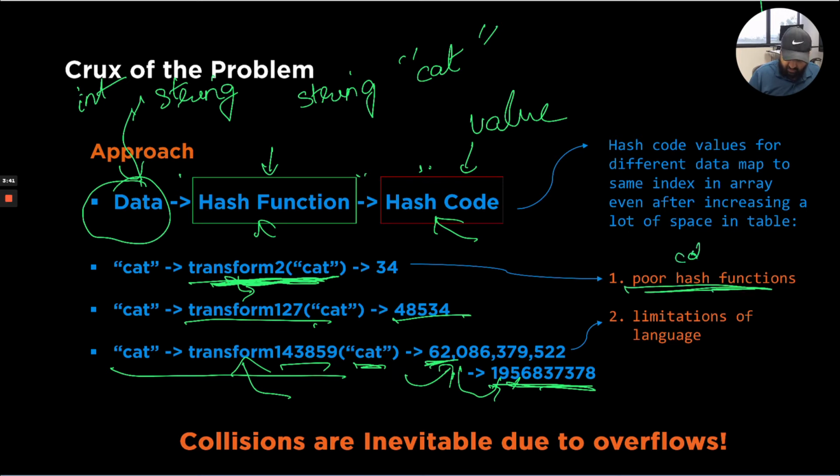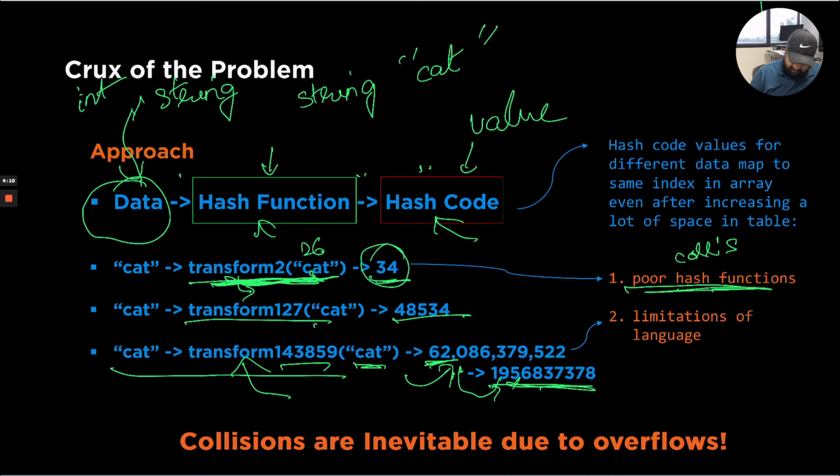Since we have 26 different characters, because of the pigeonhole principle, a lot of characters will yield a similar hash code, because there are only a finite number of hash codes possible, while the number of characters is a lot more. So this is an example of something called a poor hash function, because it is generating the same hash code for similar values.